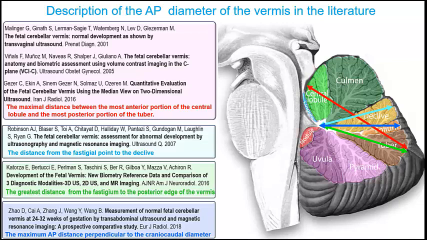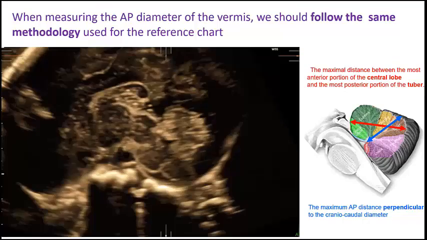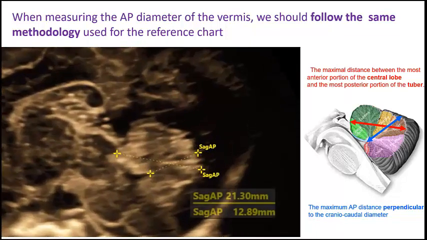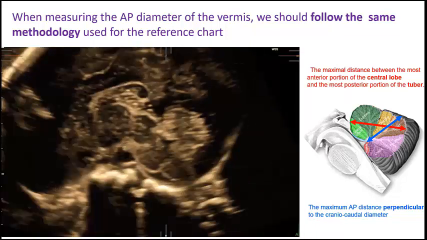However, something quite different occurs with the anteroposterior diameter, that has also different definitions in the literature that lead to significant differences in measurements. As you can see in this example, if we use the methodology described by Malinger in red, the measurements will be almost double the ones obtained with other published methodology.